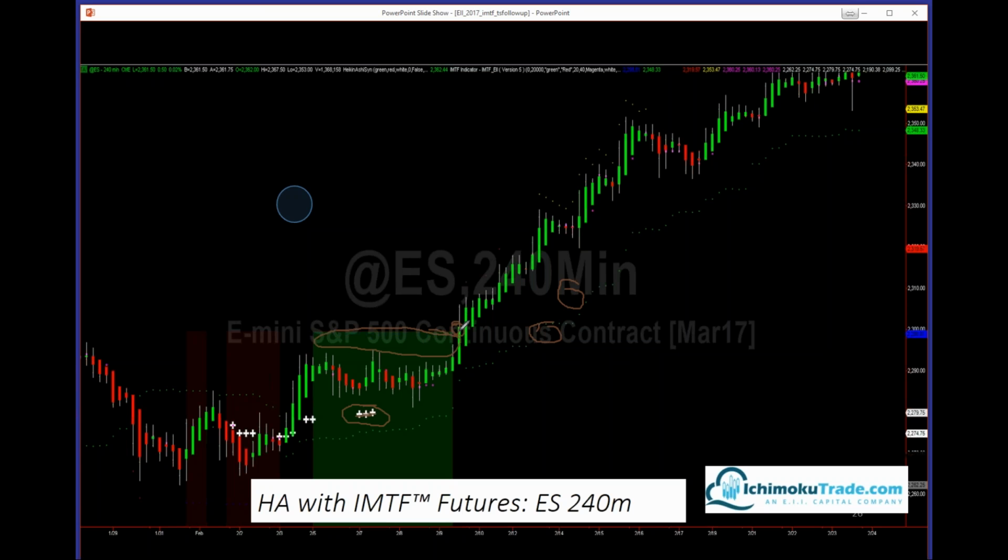If it is, you basically enter the breakout trade and you stay in that trade following the Heikin Ashi rules to basically trail this up. So this is taking a Heikin Ashi system and now telling you when to enter and when to exit with the IMTF indicator. And it works really well for a lot of major trends, believe it or not. Okay?